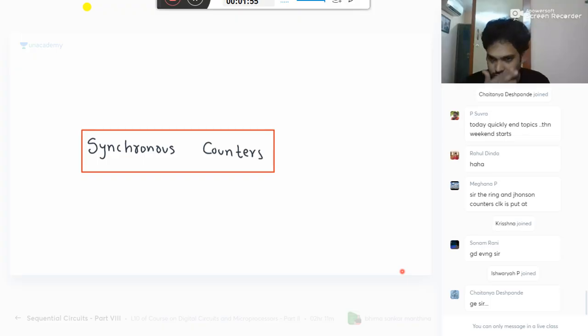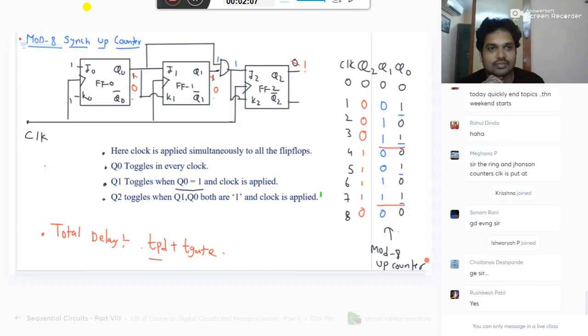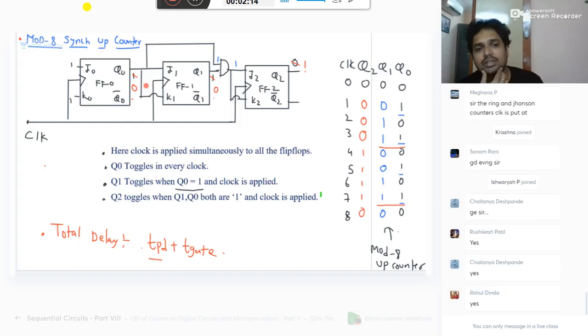Okay, this is mod 8 synchronous up counter, and this I discussed yesterday class. Total delay is equal to this much. Suppose in this case, is it true? Remaining people, tell me. Any problem with the voice?